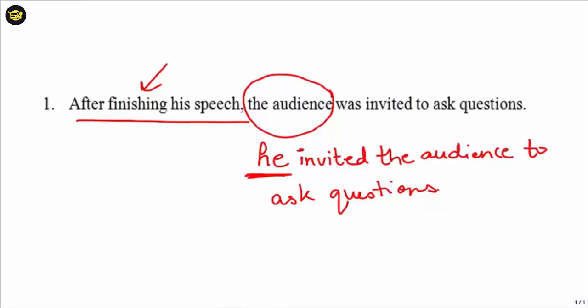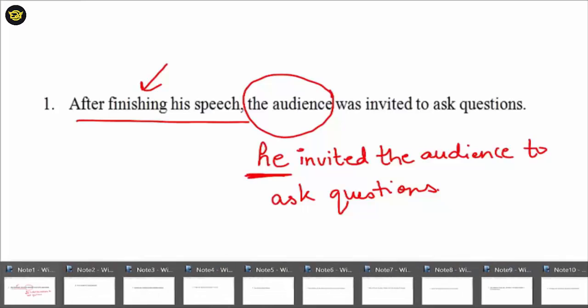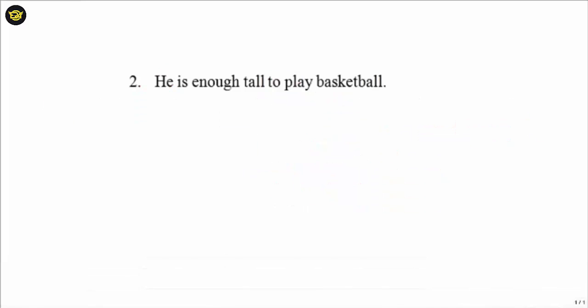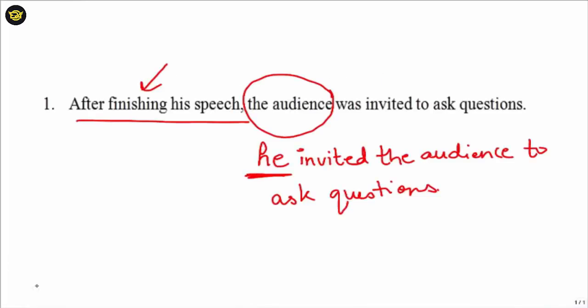So for most of the questions related to modifiers, you'll see there's something wrong with the placement of the modifier or the noun or the other word that is supposed to go along with it, right? You're just supposed to look at the way you would want the sentence to make sense and then go ahead with it, right? In the previous sentence, we wouldn't have a problem, let's say logically, if the audience finished the speech.